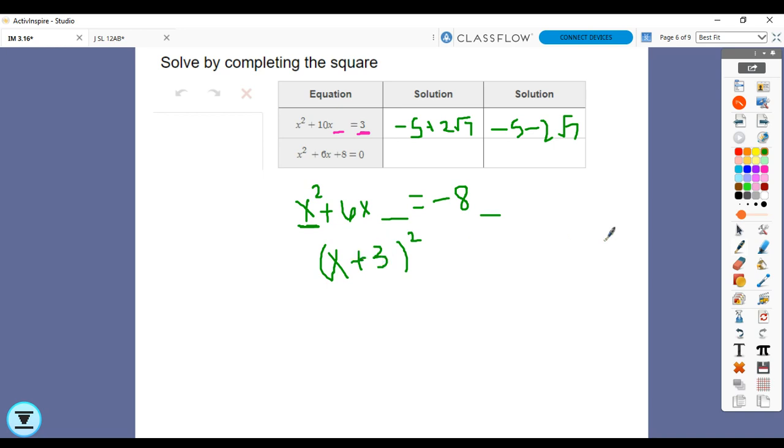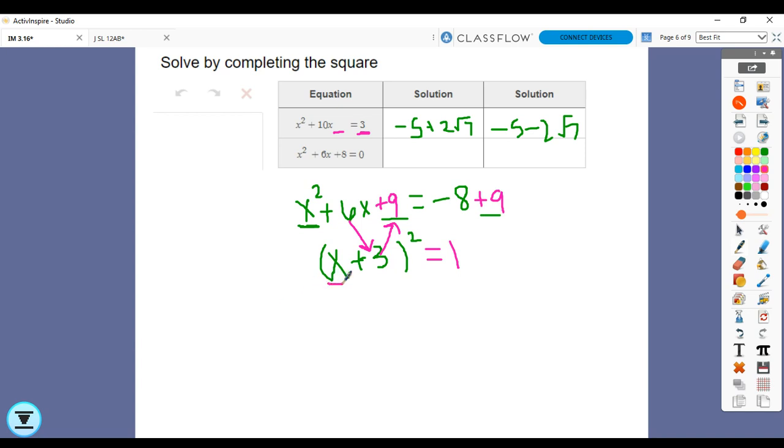What number completes the square? It is 9. And a lot of you can probably just take half and square in your head and get this number right away, and that's fine too. But you want this number to be half, and this number, you take it squared. Then you simplify the right side, which is 1.